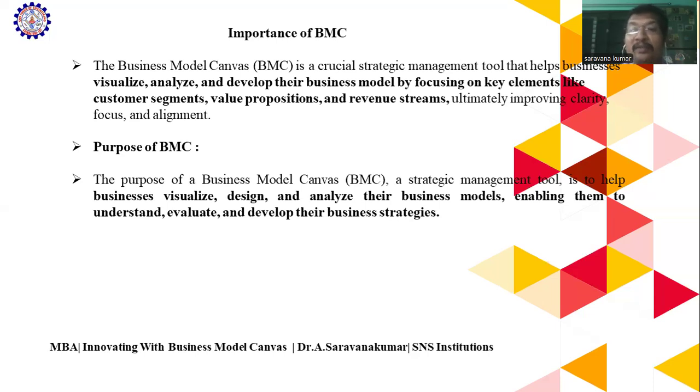Why do you need it? The purpose of a business model canvas, a strategic management tool, is to help businesses visualize, design, and analyze their business models, enabling them to understand, evaluate, and develop their business strategies. So this is the importance as well as the disadvantages of the business model canvas.